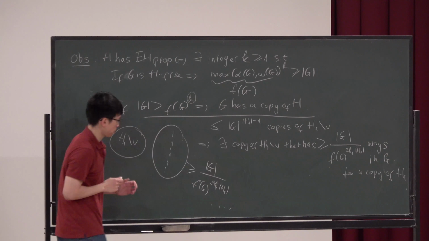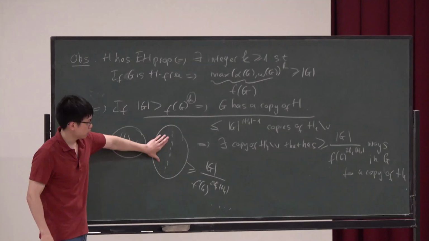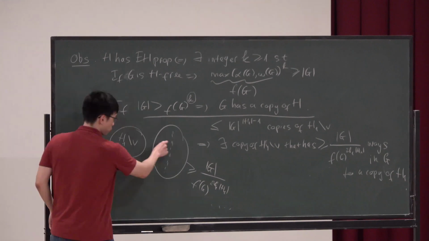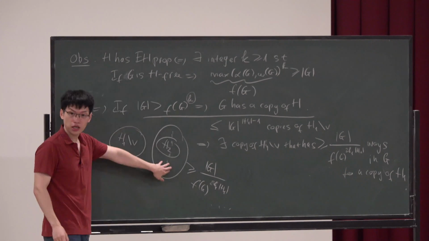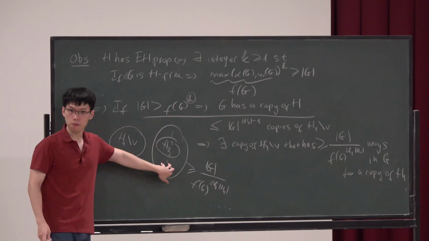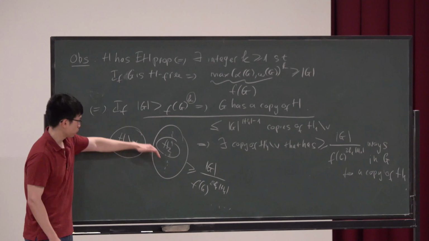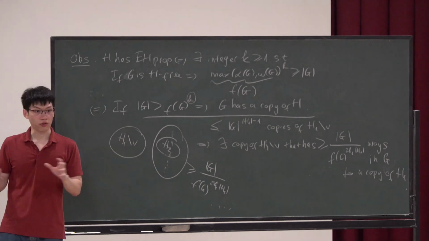So now I want to generate a copy of H2 inside this subset. The point here is if I can get a copy of H2 inside this set of candidates, then we win, right? Because this copy of H2 together with this copy of H1 minus V will form a copy of H in G. I'm done.